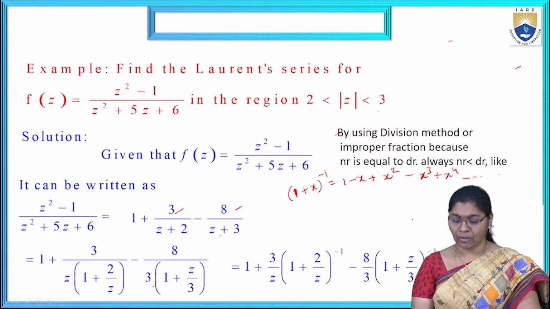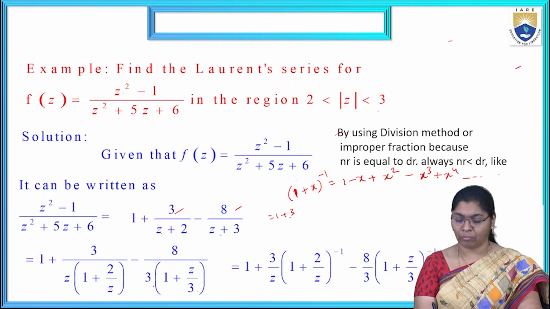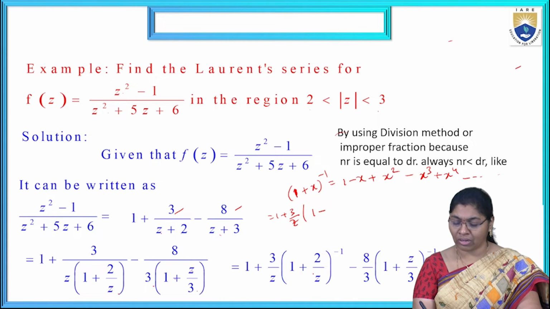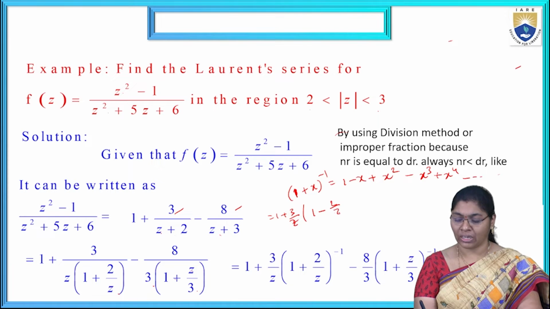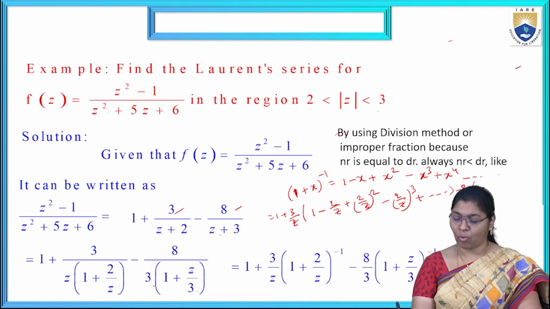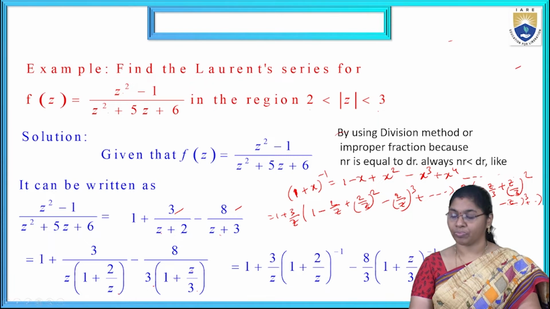Now applying that condition, we get 1 plus 3 by z into 1 minus 2 by z plus 2 by z whole square minus 2 by z whole cube and so on, minus 8 by 3 into 1 minus z by 3 plus z by 3 whole square minus z by 3 whole cube and so on.